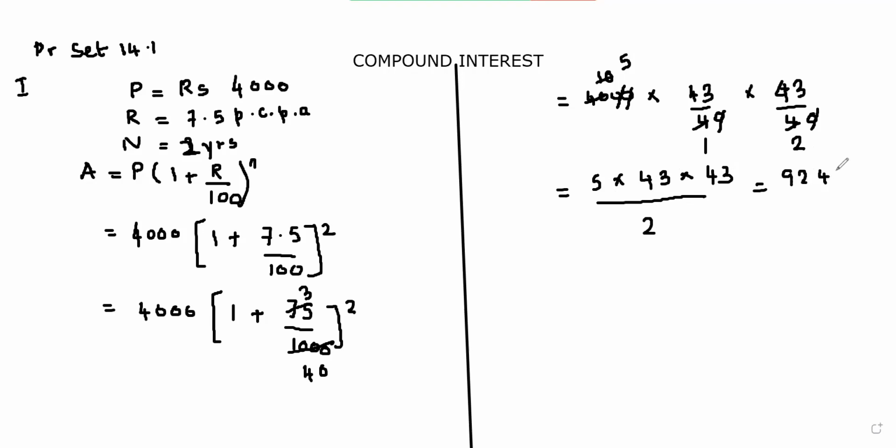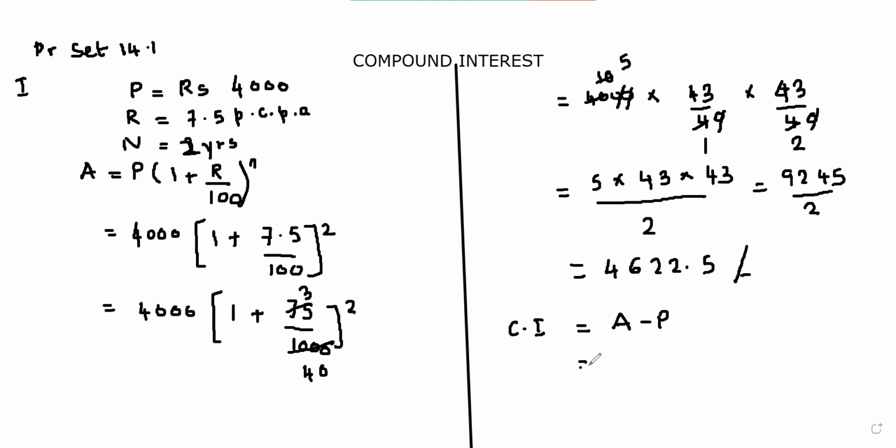9245. Now please divide it by 2 very carefully. So what will I get when I divide by 2? 2 4s are 8. 2 6s are 12. 2 2s are 4. 2 2s are 4. I have a remainder of 1. 2 5s are 10. Okay, so this is my amount. Therefore, compound interest is equal to amount minus principal.